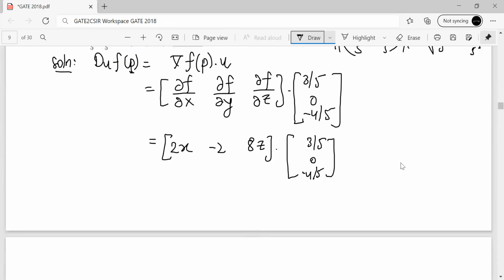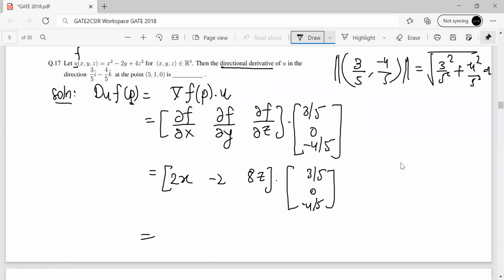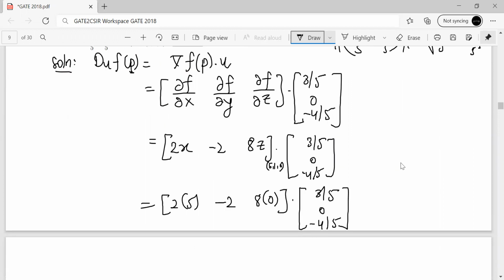Now I want this gradient at f of p, where p is 5 comma 1 comma 0. So 2 times 5, minus 2, and 8 times 0, dotted with 3 by 5, 0, and minus 4 over 5.